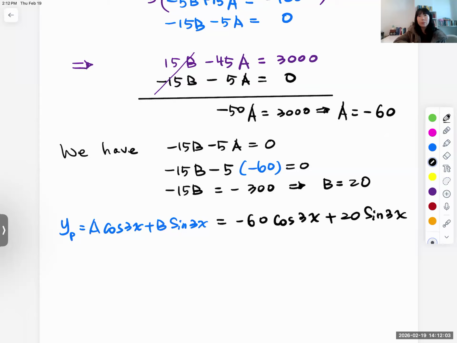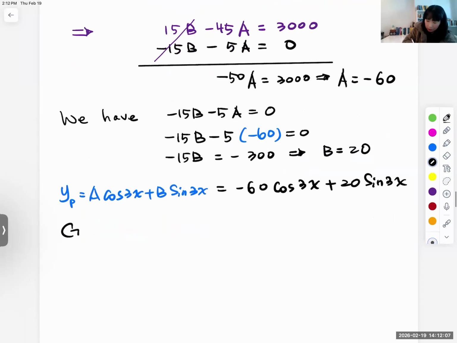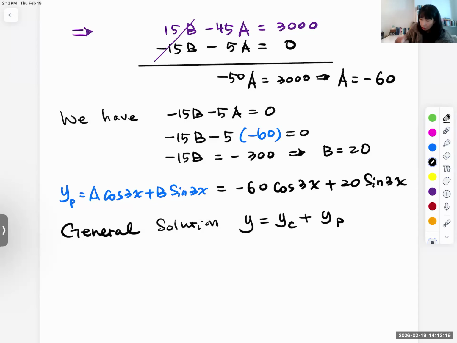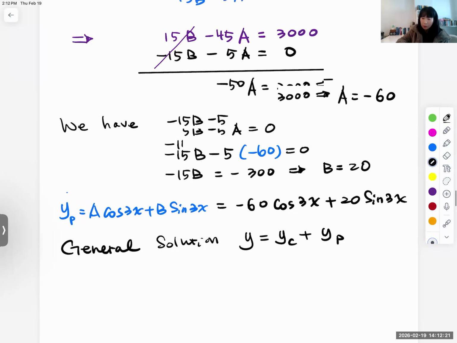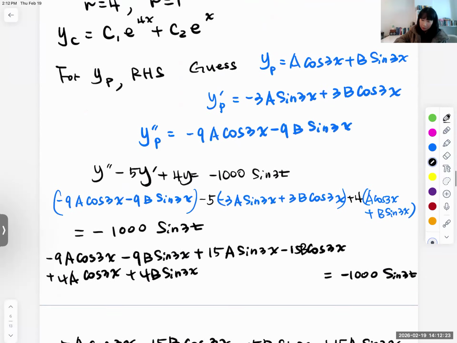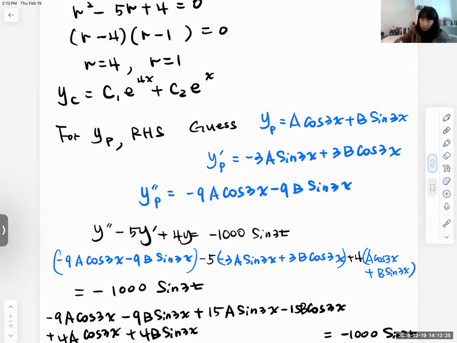Yeah. Okay. General solution. So we have y equal to complementary solution plus particular solution, right? So complementary solution, we have like that.